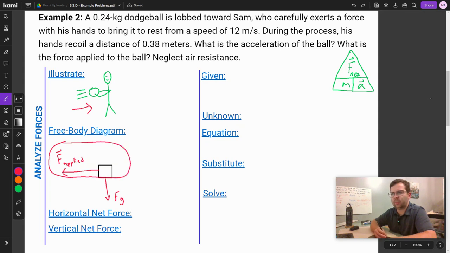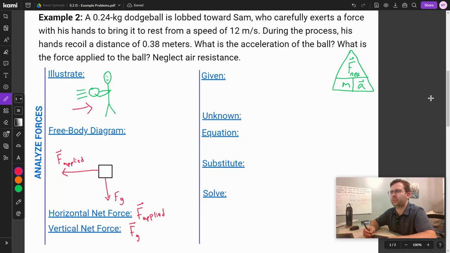So when you see problems like this, it's not asking you to consider the acceleration of the ball downwards, because we know that's always negative 9.81. Instead, we're just going to be focused on this applied force. So the horizontal net force is simply equal to the applied force, and the vertical net force is simply equal to the weight of the ball.